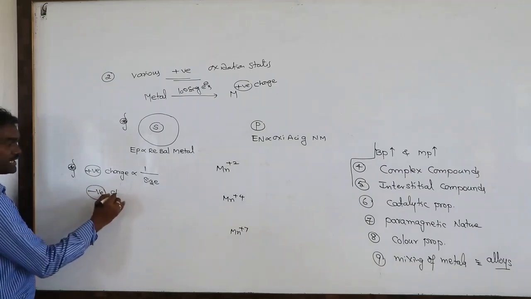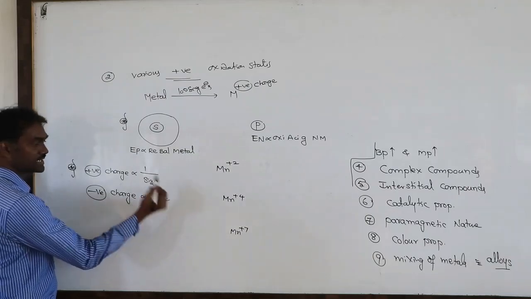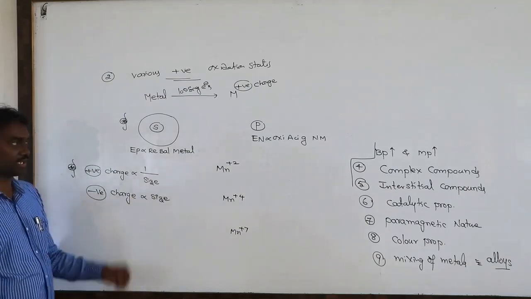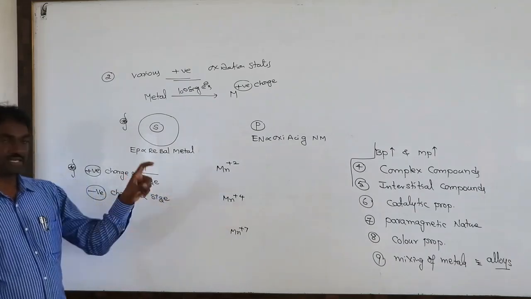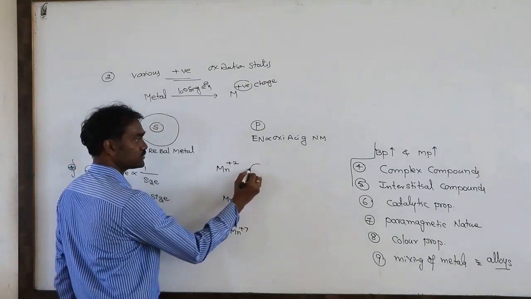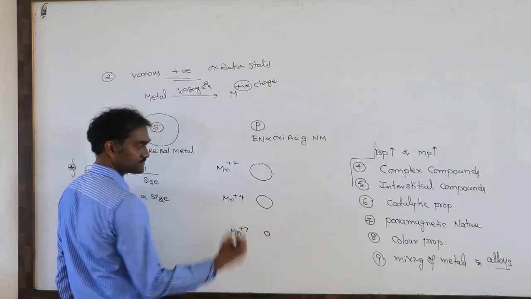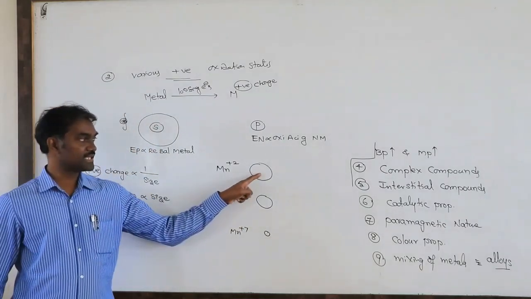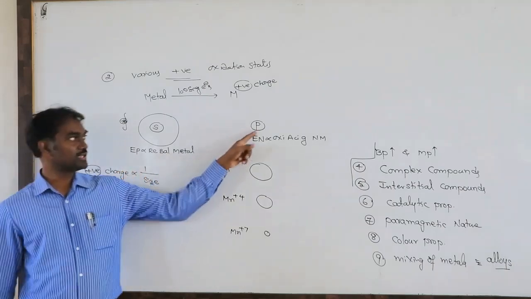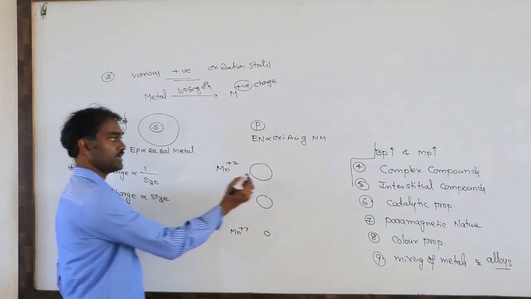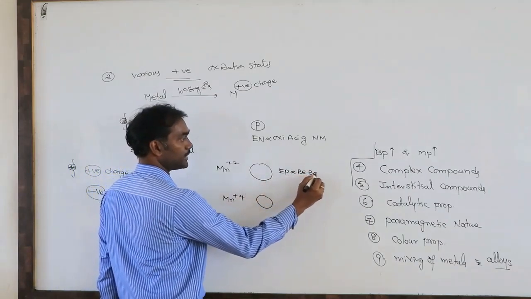Negative charge increases, so atomic size or ionic size gradually increases. So positive charge increases, what happens to the size? It decreases. Large size, what will be the property? Electropositive, basic, metal. Small size, what is the property? Electronegative, oxyacid, non-metal.